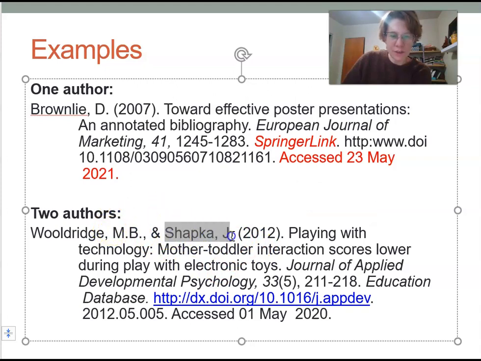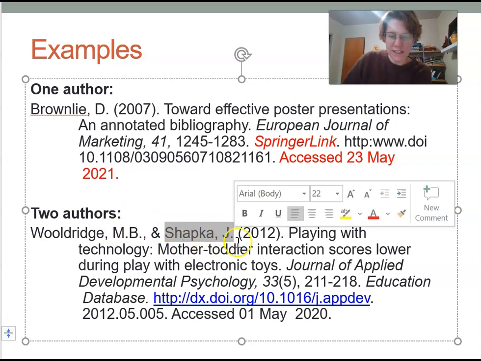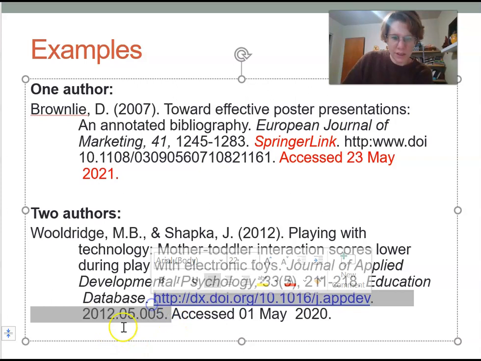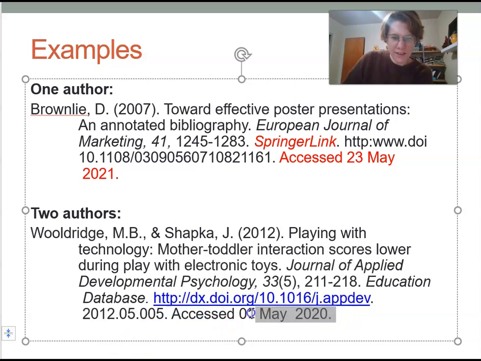And you're still doing the inverted name, so you're still listing last name and then initials, year, article title, name of the journal, volume, issue, page range, database name. Here we have the proper DOI link. And this should all be linked. And then the date accessed.